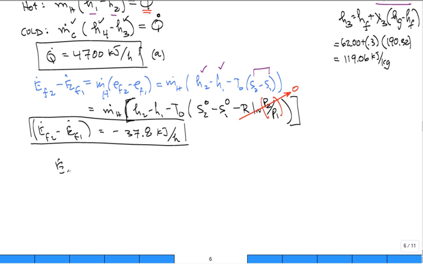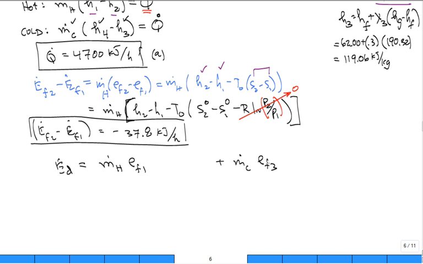The rate of exergy destruction will be basically, you could write it a couple different ways, but let me try it this way. The mass flow rate of the hot and then EF1 coming in plus the mass flow rate of the cold times EF3. Aren't those two coming in?